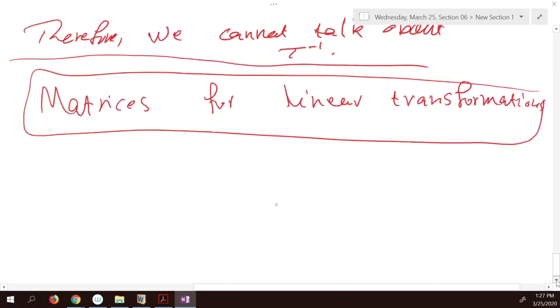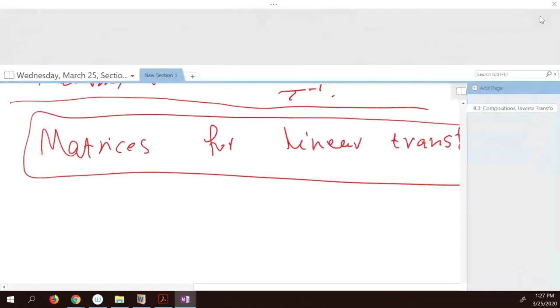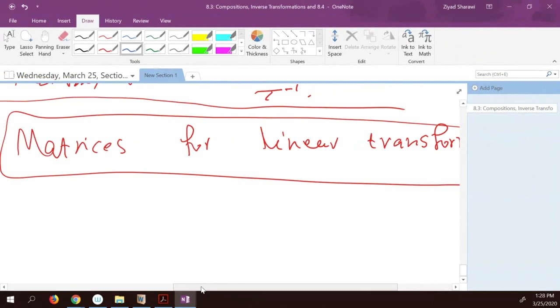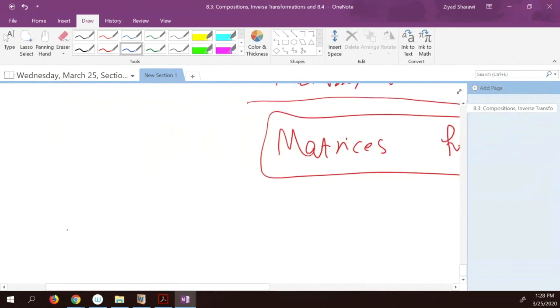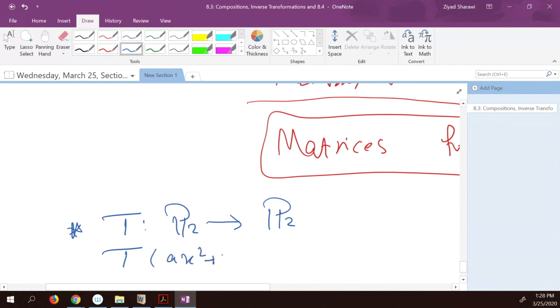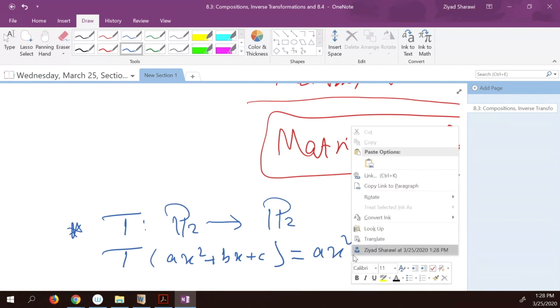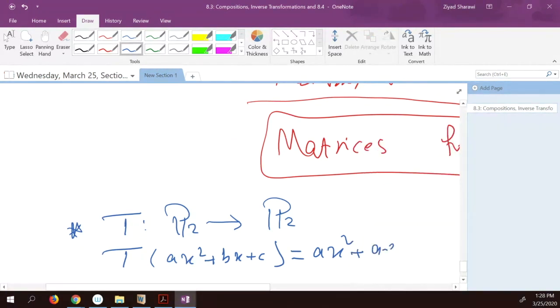Matrices for linear transformation. If I go back to the example that I gave you, here I say T from P2 to P2 defined by T(p(x)) equals ax squared plus (a minus 2b)x plus b.